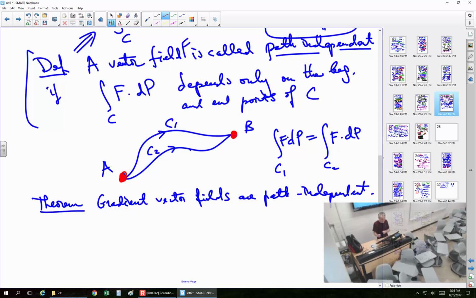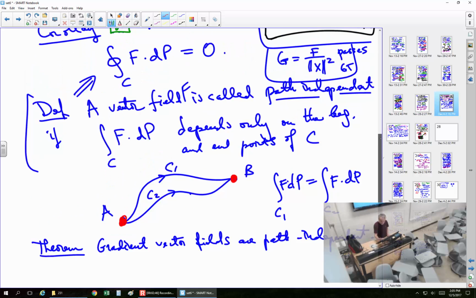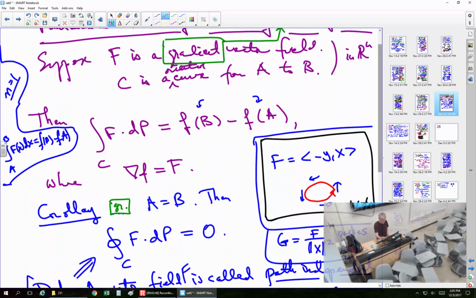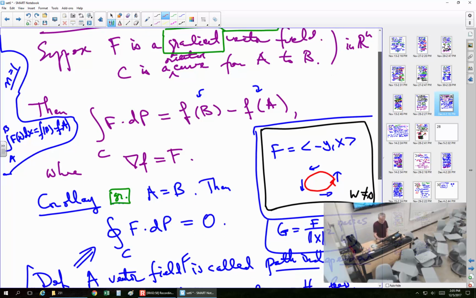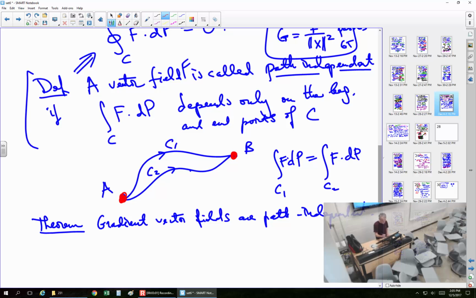A gradient vector field is path independent because of the conclusion of the fundamental theorem, right? Only the beginning and end points matter. That's right there for gradient vector fields. Now the converse is also true, and vice versa.